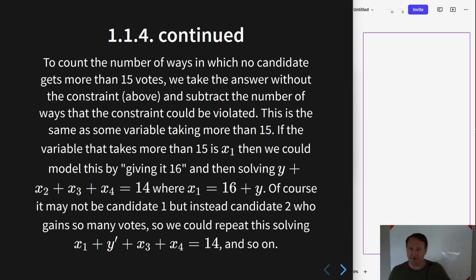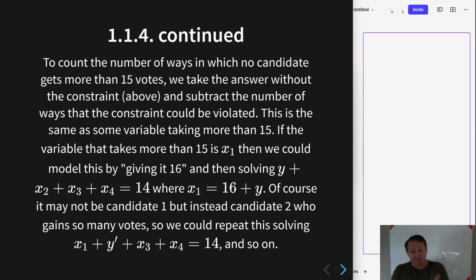That was the answer to the previous part. And then subtract away the things we don't want, where some candidate gets at least 16, which seems easier, because it gives us an assumption, something we know about what happened that we can work with.